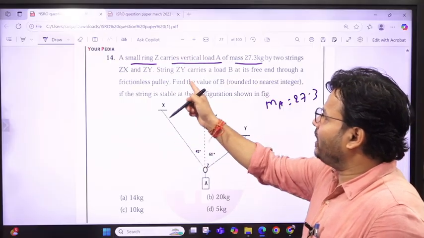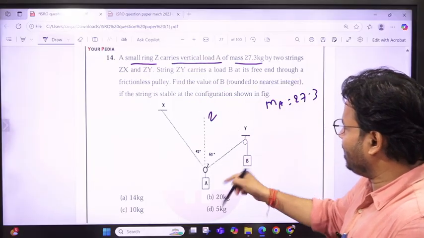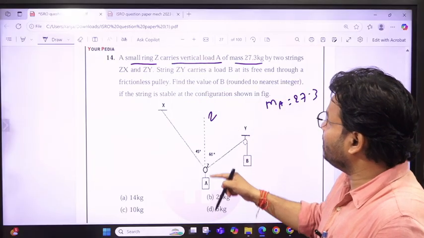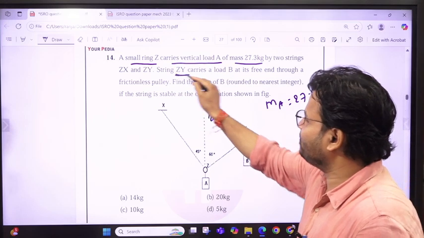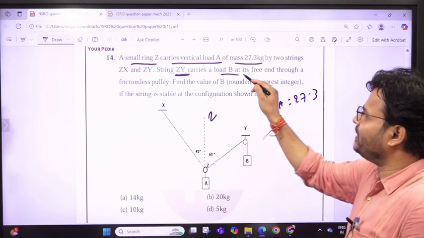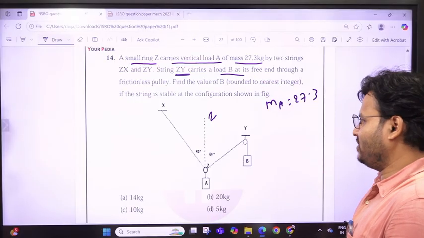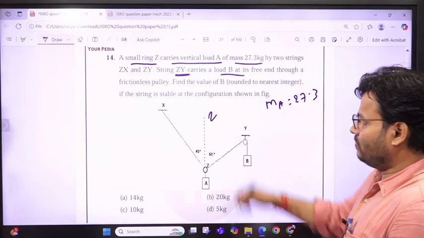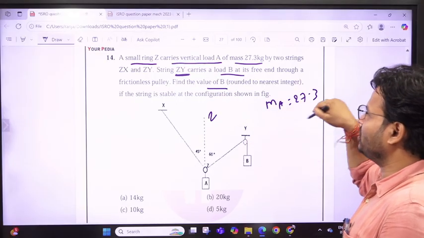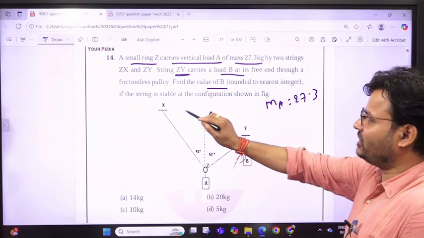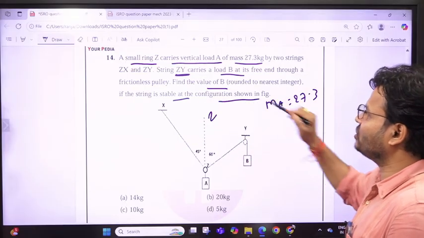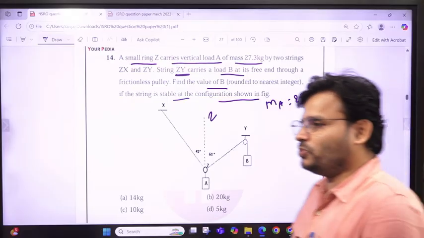A string XY carries a load at B. A string XZ, not Y, carries load B at its free end through a frictionless pulley. Find the value of B, rounded to the nearest integer, if the string is stable in the configuration shown in the figure. That is the diagram you have.